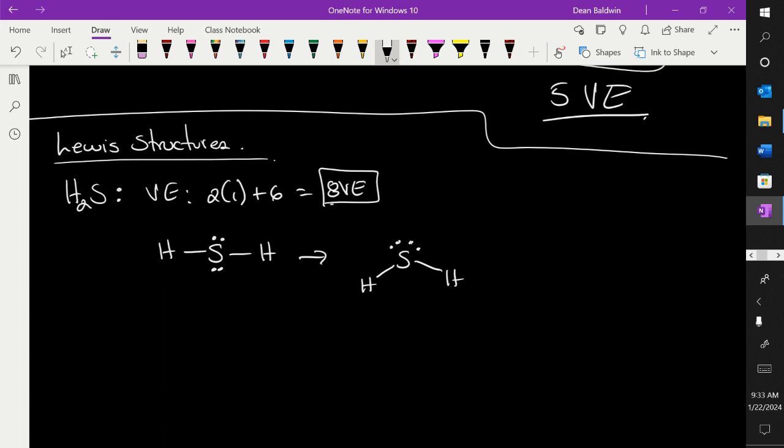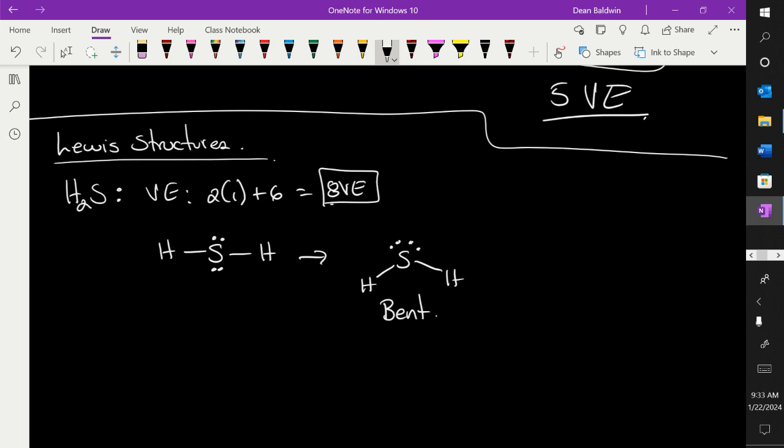So this is bent. I will ask for the Lewis structure, then I'll ask for the name of it, or the shape of it, sorry. In this case, bent. I'm going to go through each one that I expect you to know.